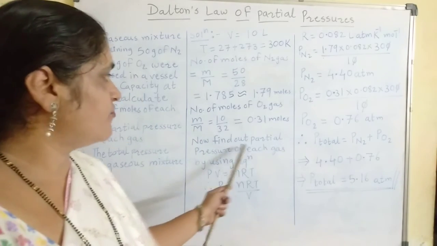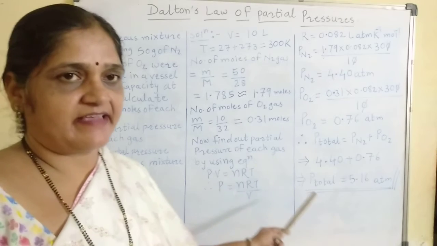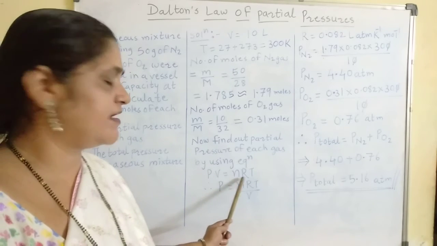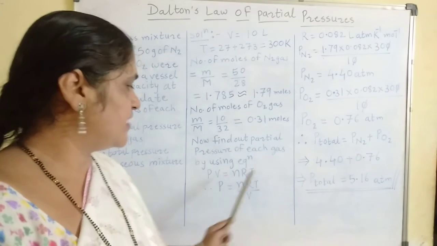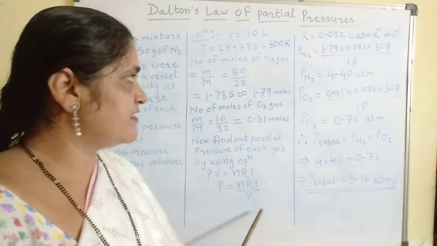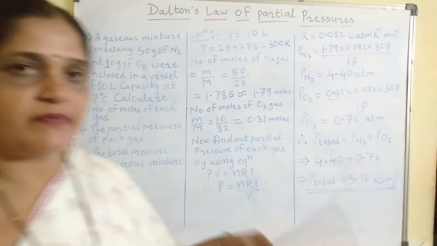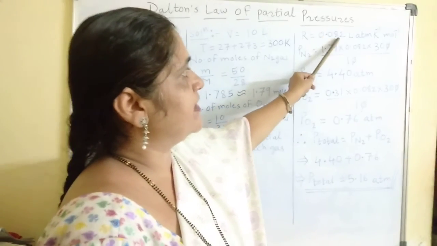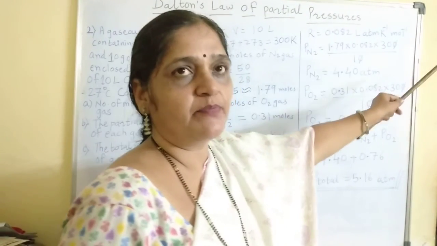Now we have to find the partial pressure of each gas. For this we will use the ideal gas equation PV is equal to nRT, so we get P is equal to nRT upon V. This way we are able to calculate the partial pressure of each gas. I am going to take the R value as 0.082 liter atmosphere per Kelvin per mole.